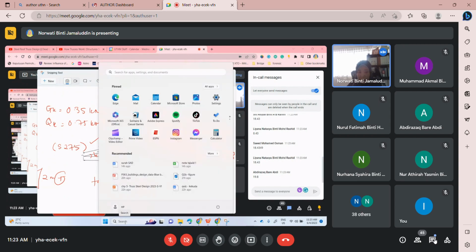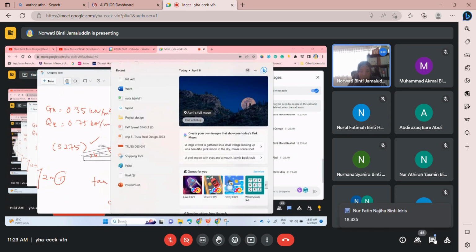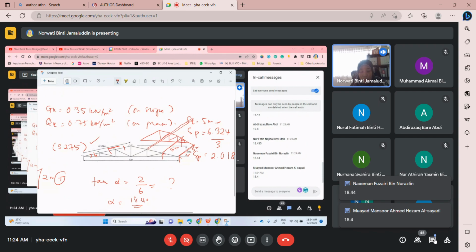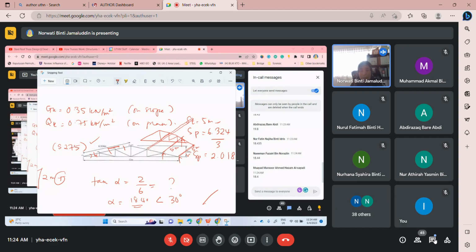Okay, I do not want to show you how to calculate this, but the answer is 18.4 degrees. So 18.4 is less than 30, which means that we can use the empirical method.